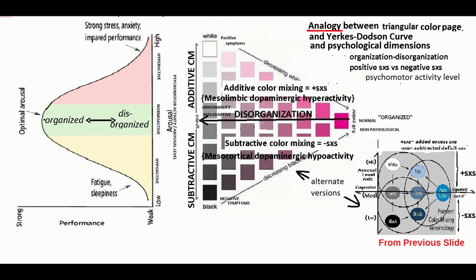You can see down in the right lower corner there, those Venn diagrams on the prior page. And here's another, what it would look like with actually the color page. There's a lot of information in that. Anyway, this shows again the analogy between Yerkes-Dodson law and this representative color page.